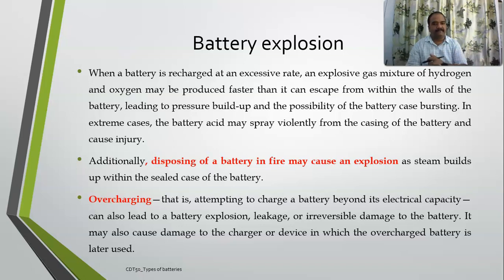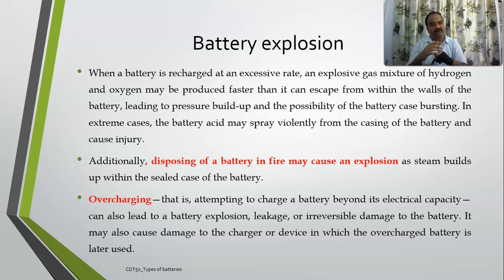Otherwise, if your battery is recharged at very excessive rates, the hydrogen already present mixes with oxygen and can escape within the walls of the battery. This leads to pressure buildup and the battery may burst. So you should avoid these things when using a car. You shouldn't overcharge it or charge it very fast. And when you are trying to jump the battery, please be careful.